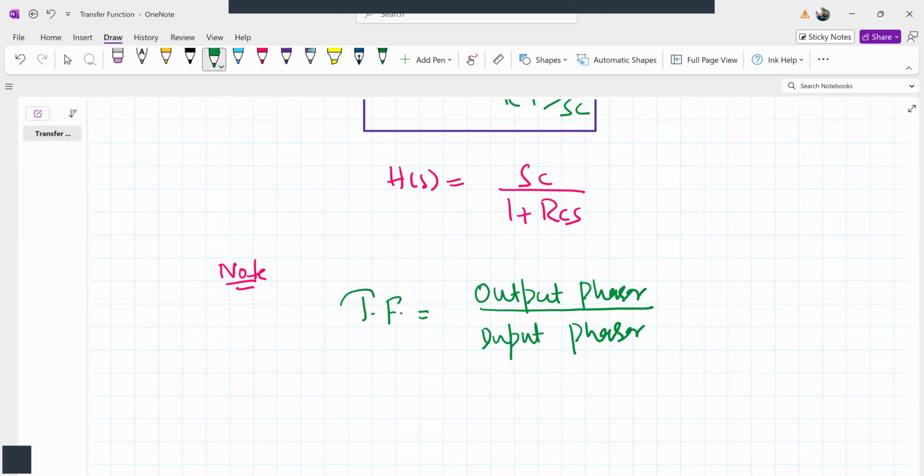Now, once we obtain the transfer function of a network, or if the transfer function is already given to you in a system or network, how do we obtain the output of that system?